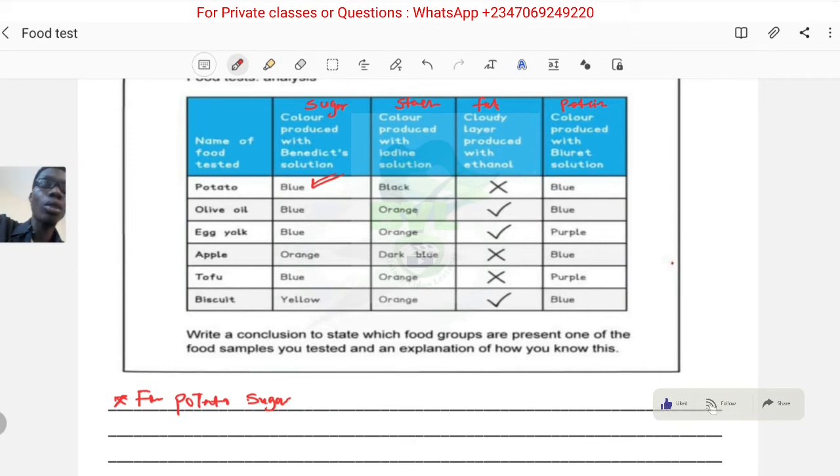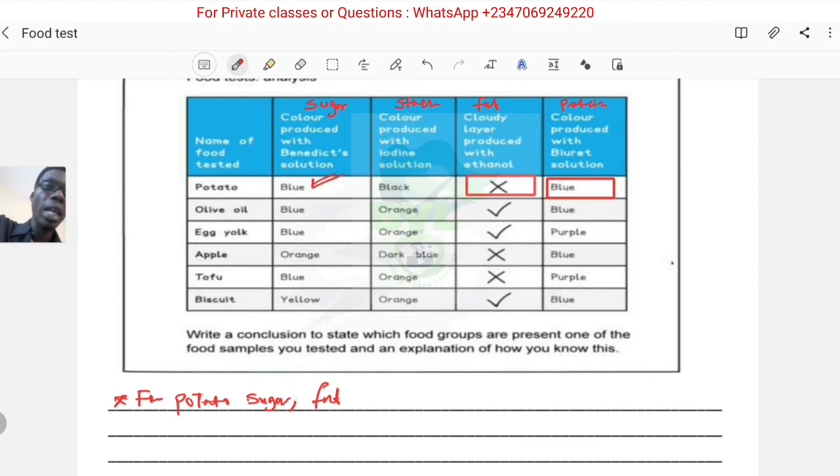No cloudy layer was produced with ethanol, it does not happen. There was no cloudy layer, that means fat is absent. Also, the color of biuret solution remained blue at the end.